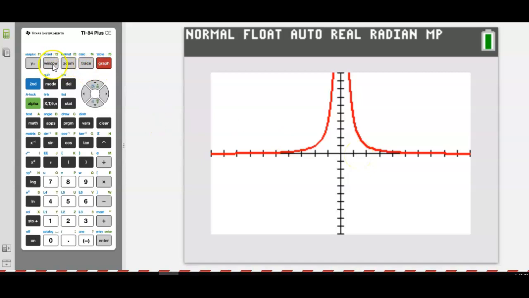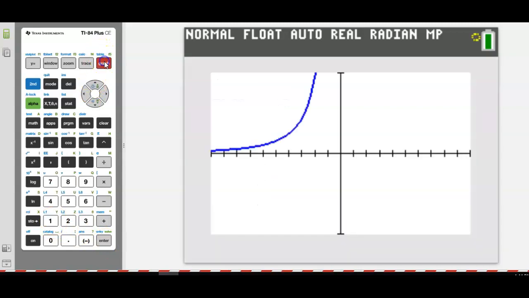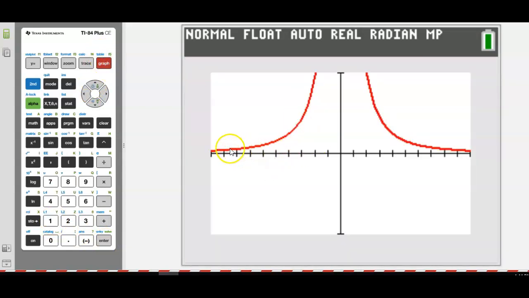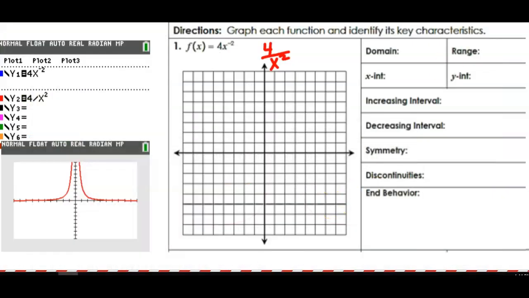If we changed our window for our y value, from -1 to 1, because we're looking at such a little piece of it, you can tell that it's not touching. So that was just an example for you to see that even though it looks like it's touching, it's not.